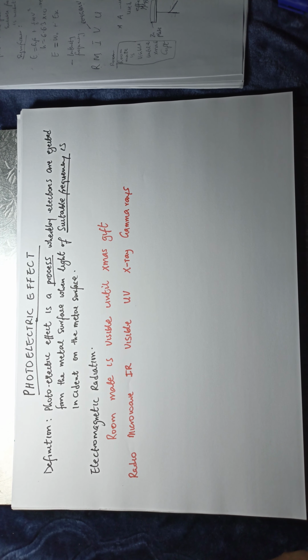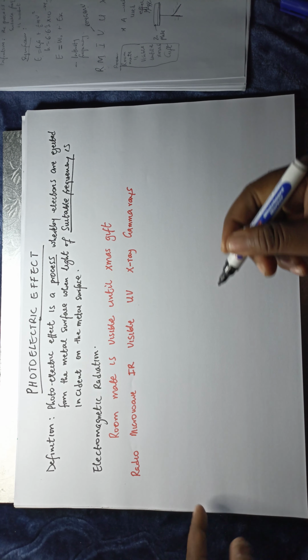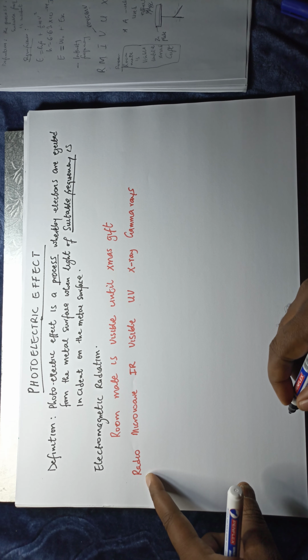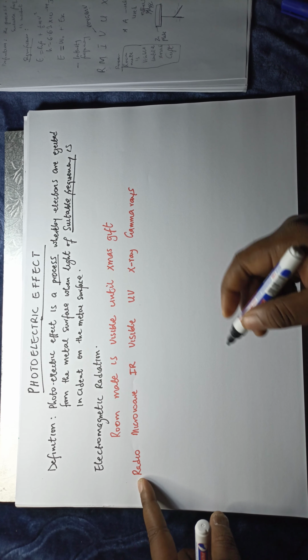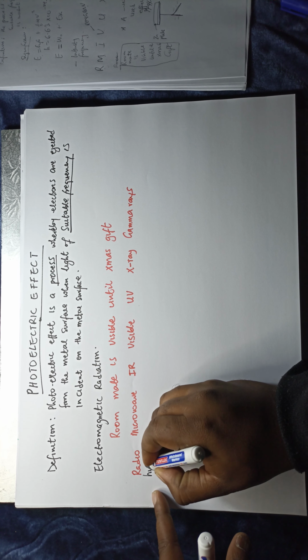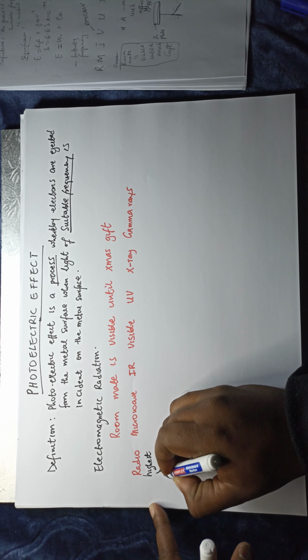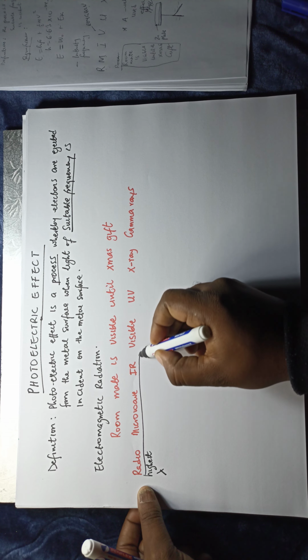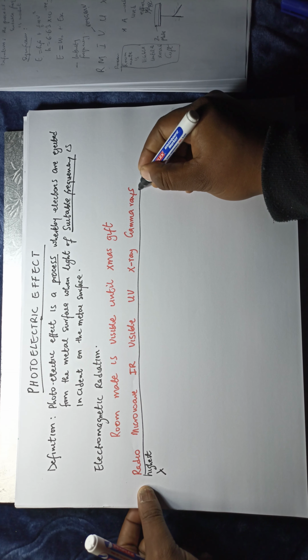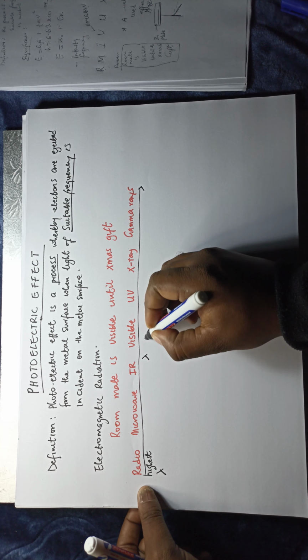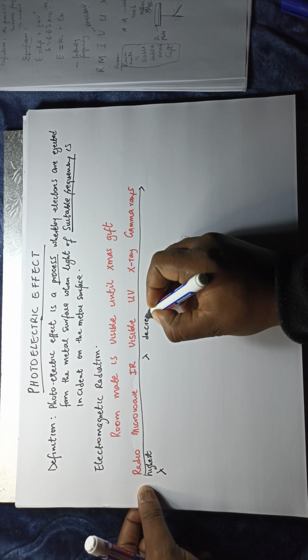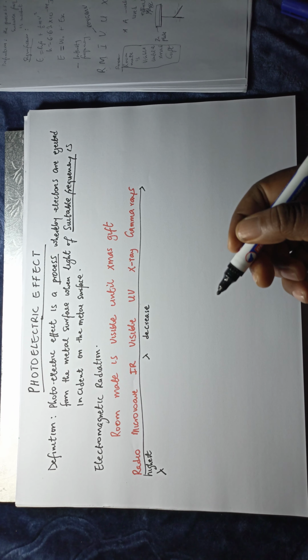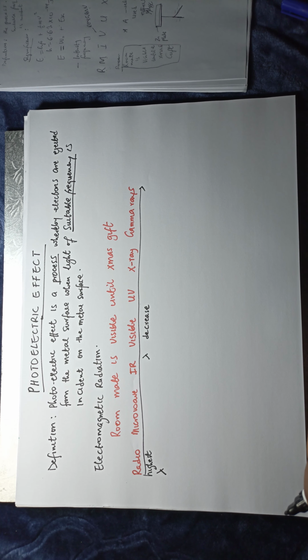And it's very, very important we know that the radio wave has the highest wavelength. As you move from the left going towards the right, the wavelength decreases. And we know the relationship between the wavelength and the frequency: they are inversely proportional.